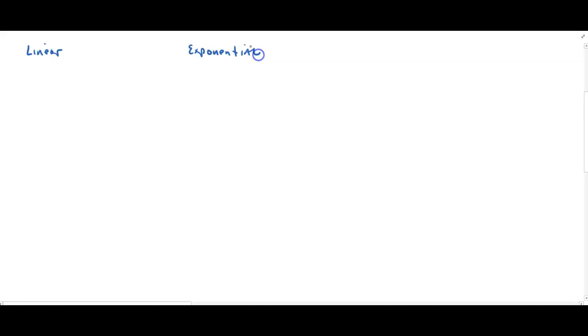Okay, so in this chapter so far, we reviewed two functions. We reviewed what a linear function is, what an exponential function is, and what the new function, a quadratic function, is.